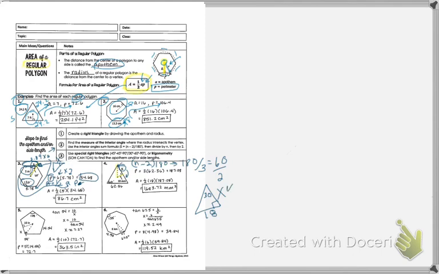If I'm going to solve for this piece right here, this is opposite, this is adjacent. So we're going to use tangent again. Tangent of 30 equals 18 over x. Remember, these two swap.